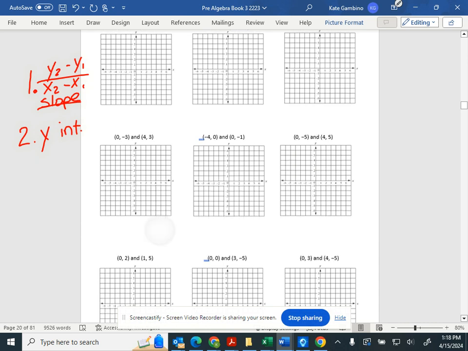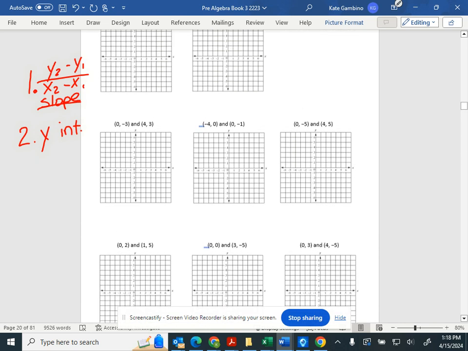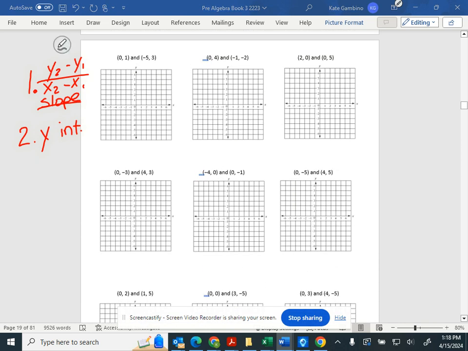Or was it always given? Oh, it was always given. So for your y-intercept, look for the ordered pair that has a 0 for x. That tells you your y-intercept. So look for the 0 for the x, and you'll know your y-intercept. Then you use that information to put it into y equals mx plus b.